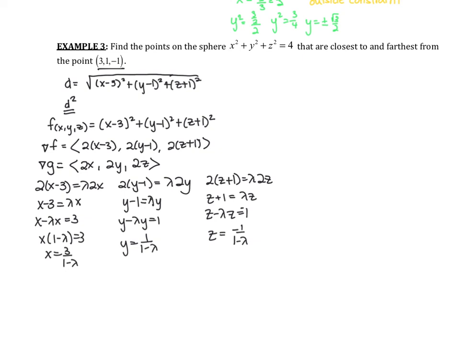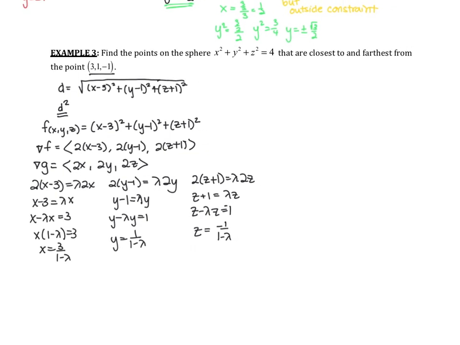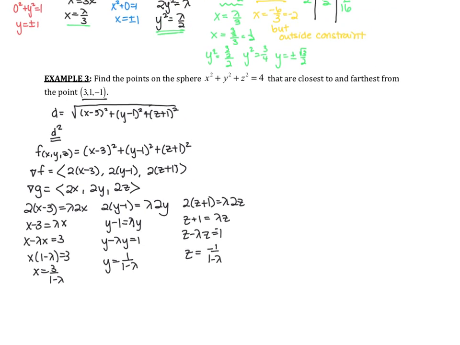Okay, so using the constraint, now we're going to go back into the constraint and take each of these values and plug them into our constraint equation. Our constraint equation is that sphere. So I'm going to take each of these into 3 over 1 minus lambda squared plus 1 over 1 minus lambda squared plus negative 1 over 1 minus lambda squared equals 4.